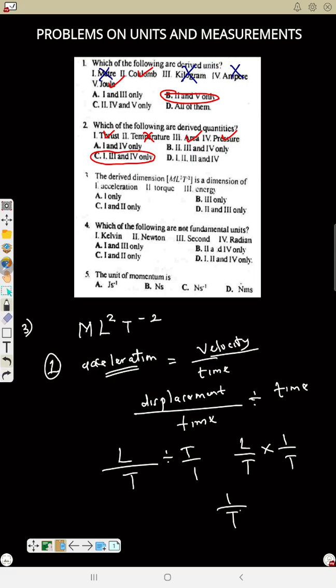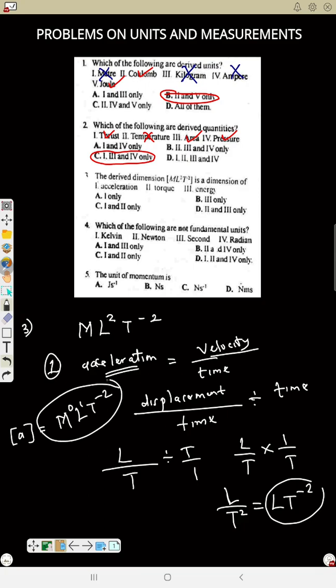So that is L over T square, which is LT raised to power minus 2. So the dimension of acceleration is M raised to power 0, L raised to power 1, T raised to power minus 2. So acceleration has 0 dimension in M, 1 dimension in length, minus 2 dimension in T.